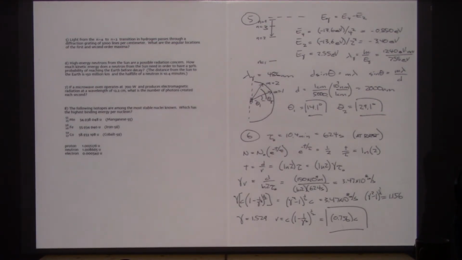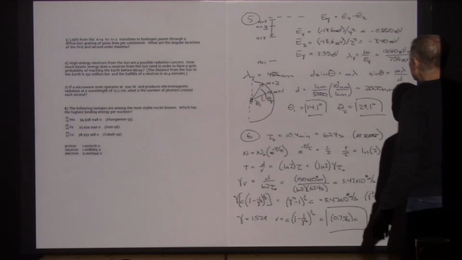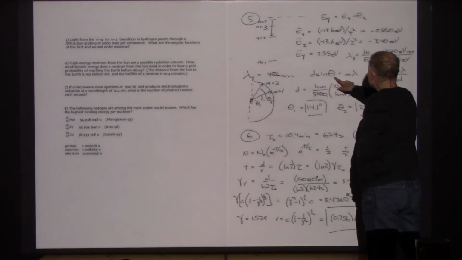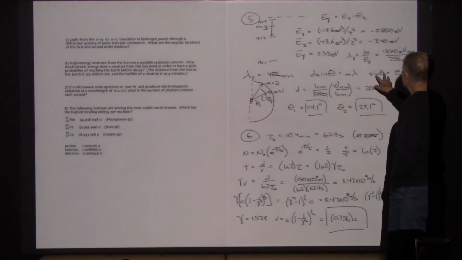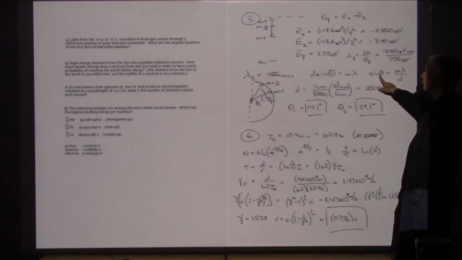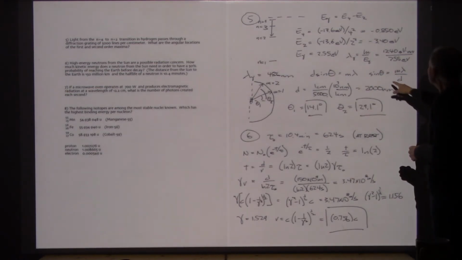They're not really based on diffraction. They're based on multiple slit or multiple source interference. And so we're using the very same formula that we've used for two slits, for example. And we're going to solve for the angle. That's what they want. So sine theta should be m lambda over d.